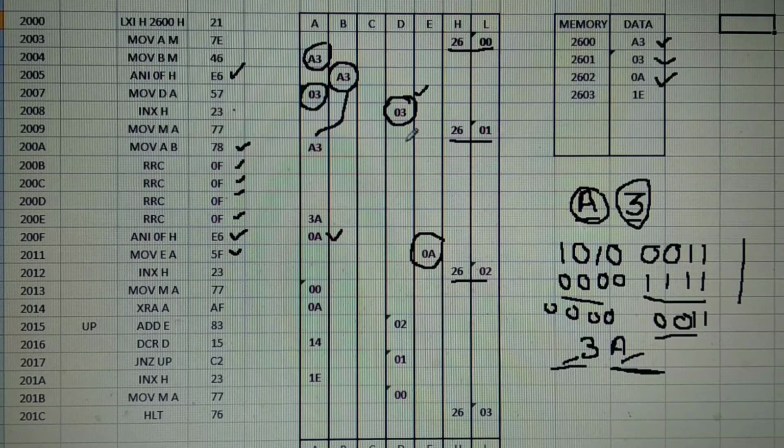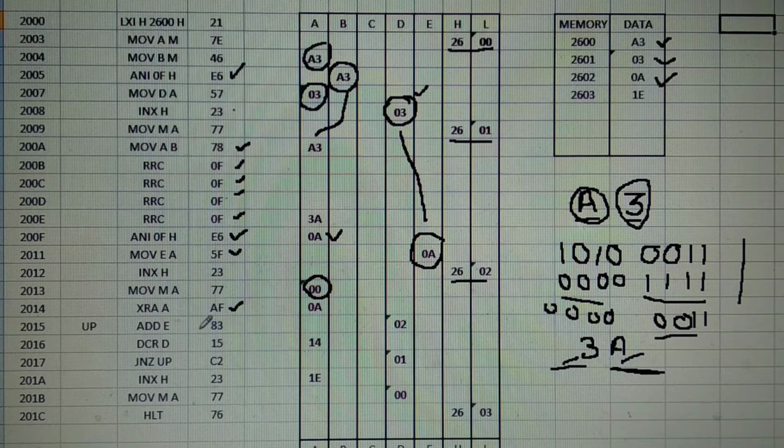Now you have to perform the multiplication of these two separated nibbles. XRA A, with the help of XRA A the content of the accumulator becomes 0. Now A multiplied by 3 is nothing but A added 3 times.